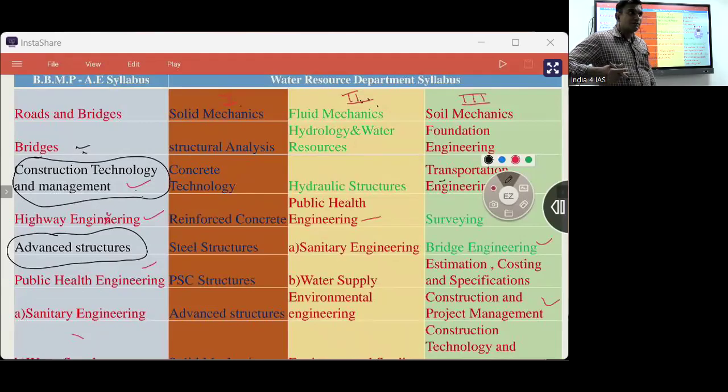What instrument will you be using? V notch, orifice.